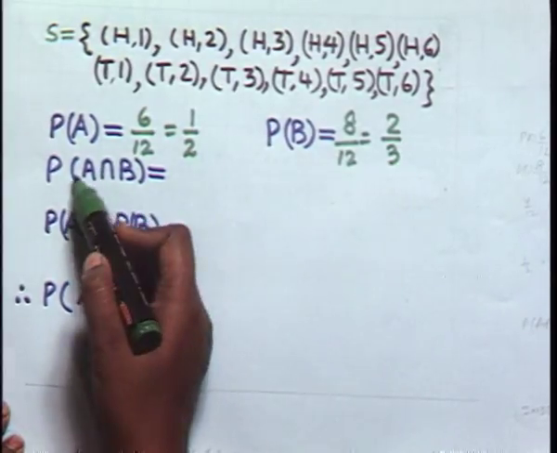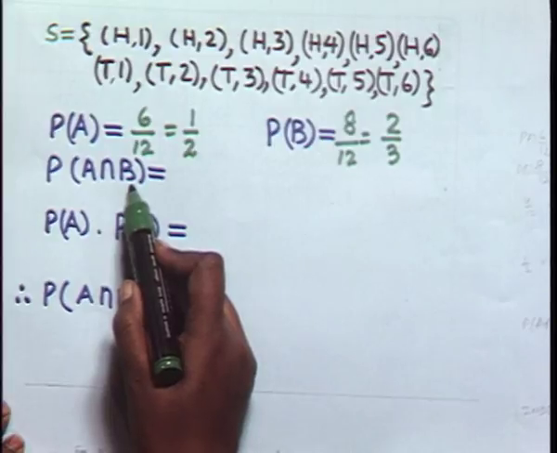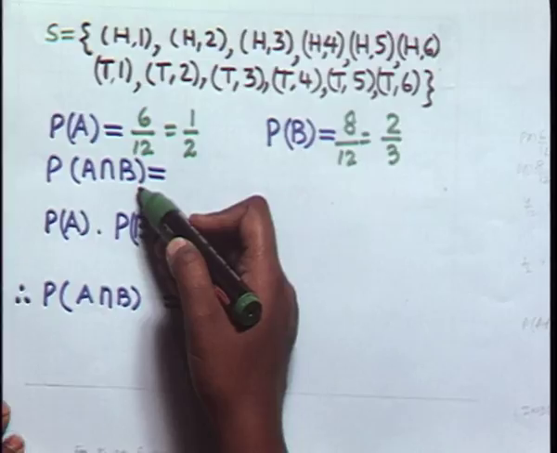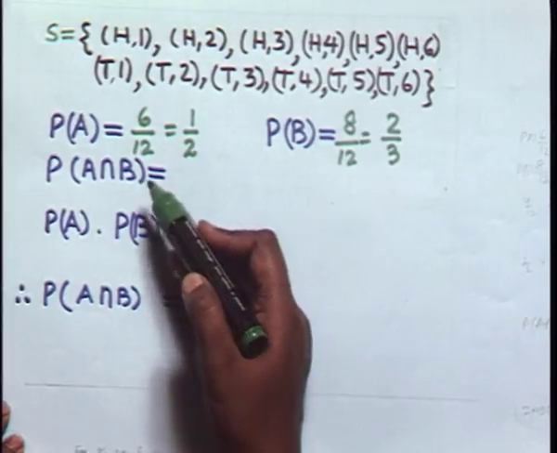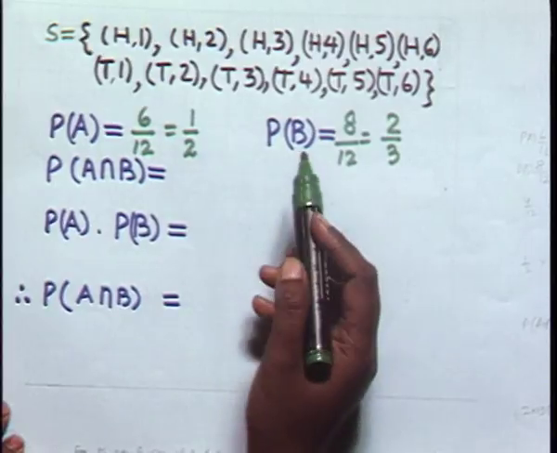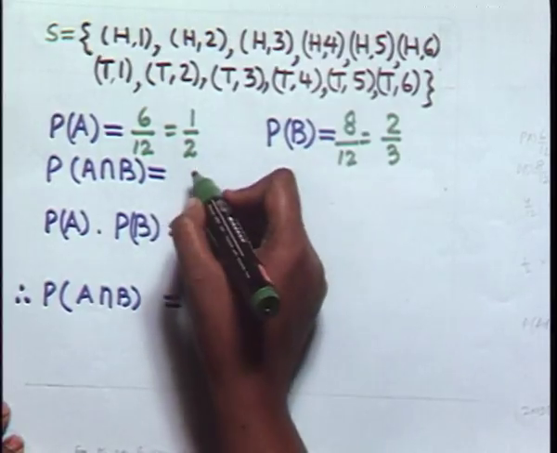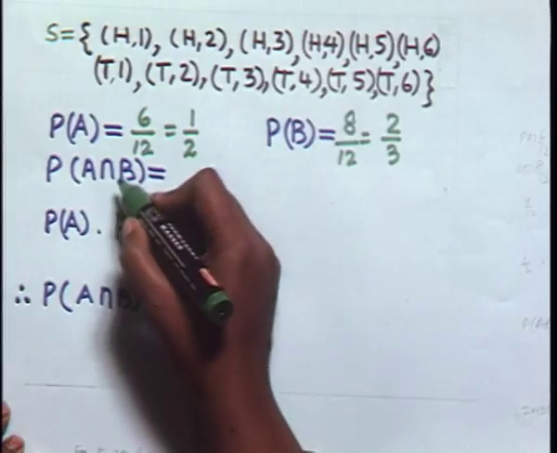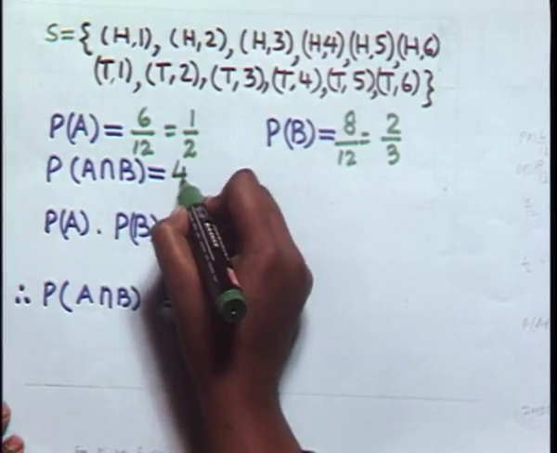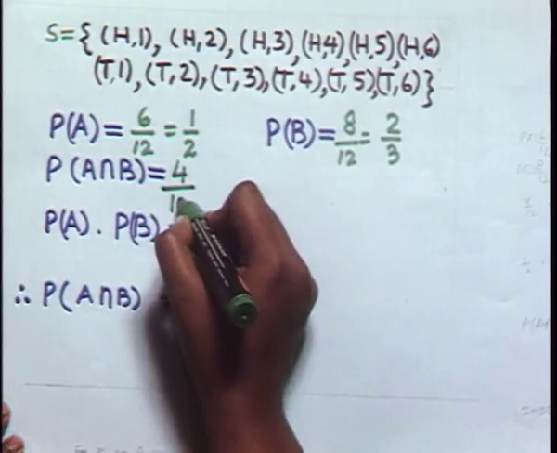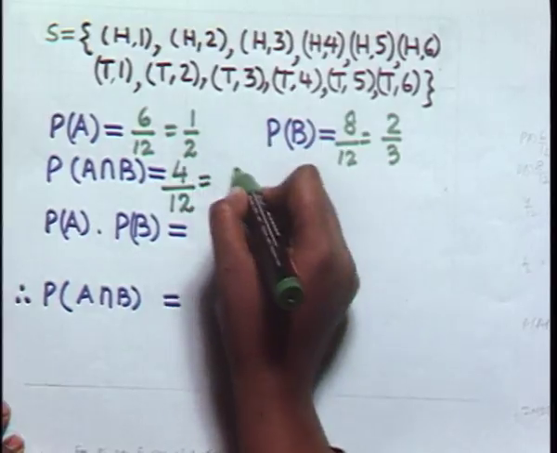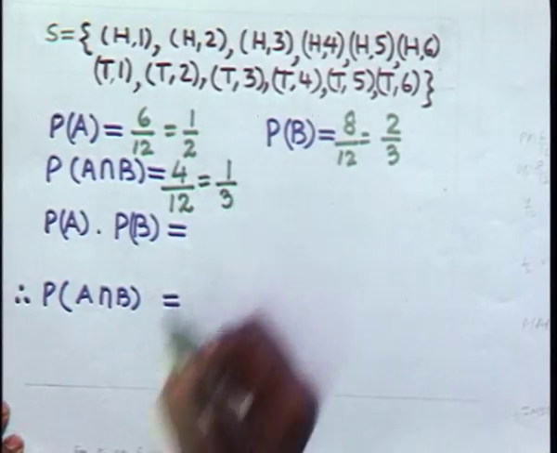Again, probability of event A and B, which says getting a head on the coin and getting a number greater than 2 on the die, will have 4 favorable outcomes, and therefore, probability of event A and B will be equal to 4 upon 12, that is equal to 1 upon 3.